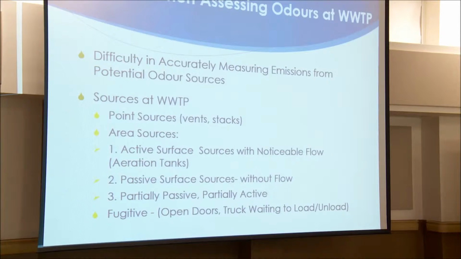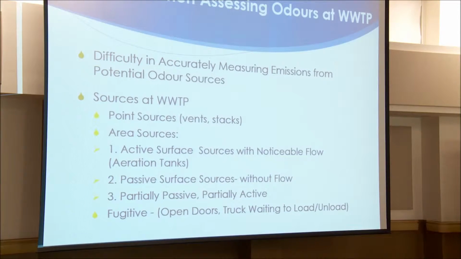But fugitive sources or area sources are always complicated. Basically, every time we do the sampling at these sources, there will be just an estimation. In this presentation, I will show you how the results might be different, depending on the methodology you choose.